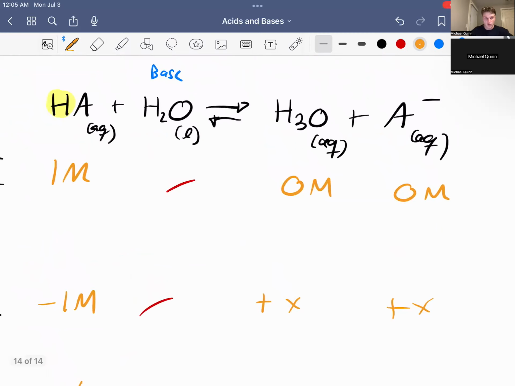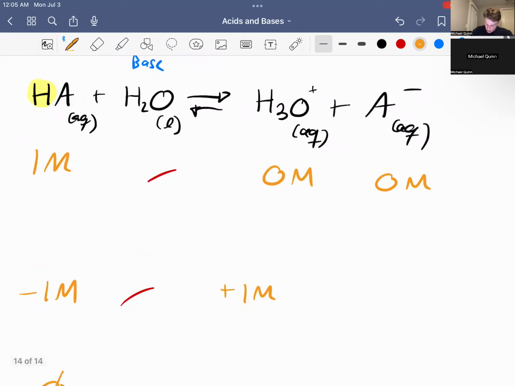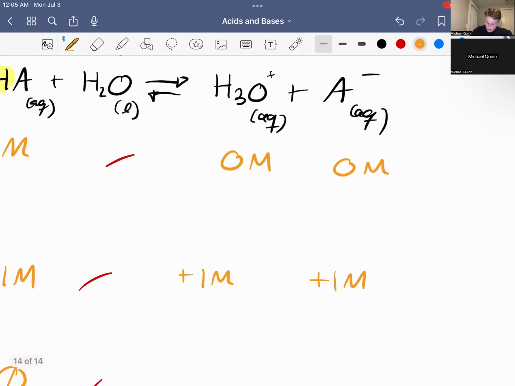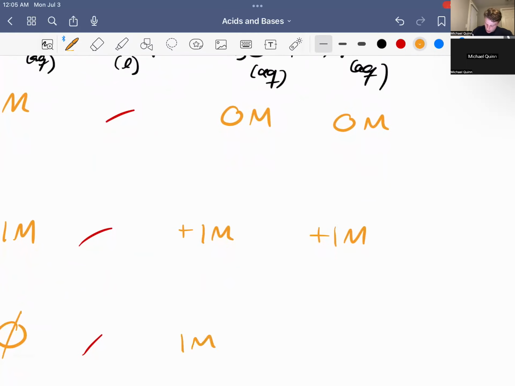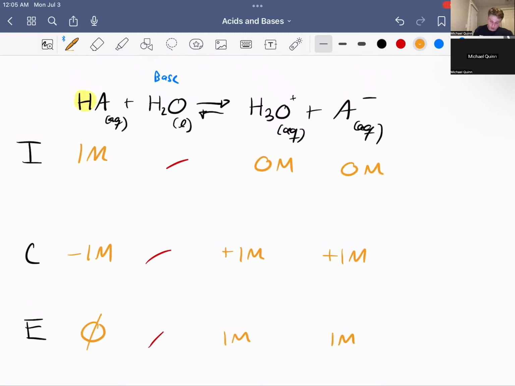Every time this reaction runs one time, we produce 1 H3O and 1 A minus. So we must have made 1 molar of H3O and 1 molar of A minus. If this was 2 molar, it would have been -2, and this would have been +2 and +2.